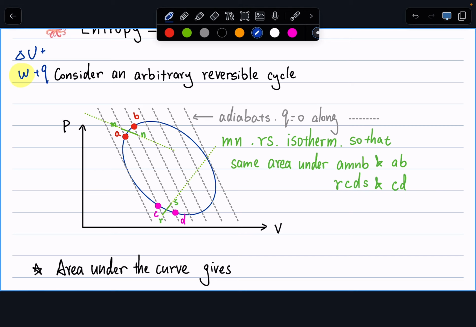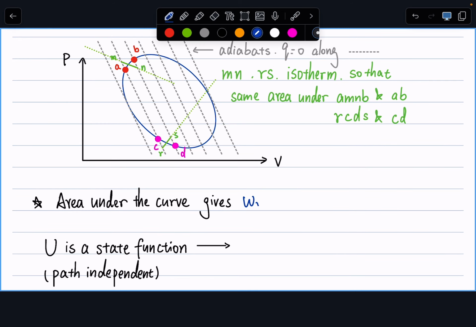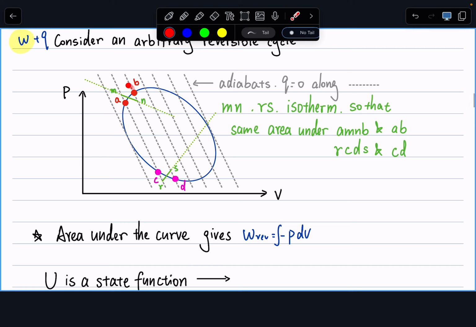For reversible processes, we're taking the integral of negative PdV. So W_rev equals the integral of negative PdV. On the PV diagram, taking this integral basically finds the area below the curve.